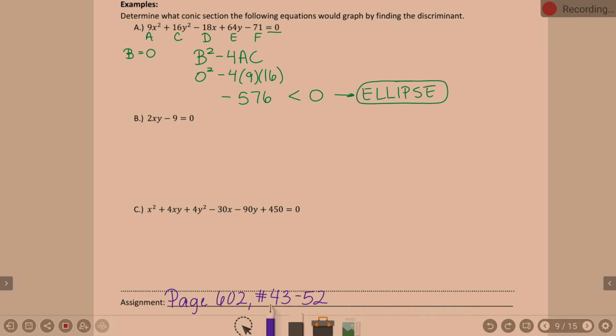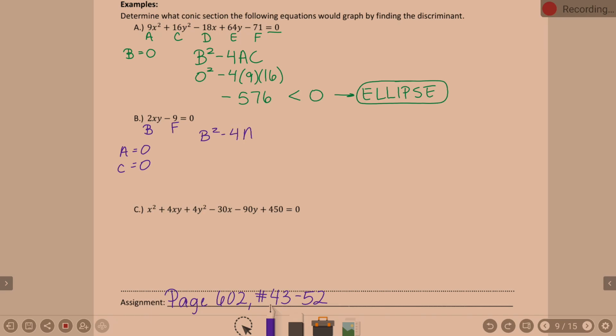Okay. What about B? We only have B as your C. XY, it's 2XY, so there's your B. What is this negative 9? That's your constant, that's your F. My equation does equal 0. And so A is 0 and C is 0. So fill in your discriminant.